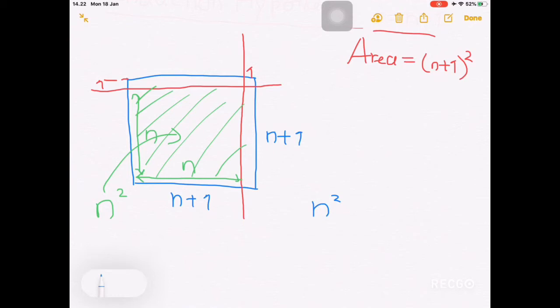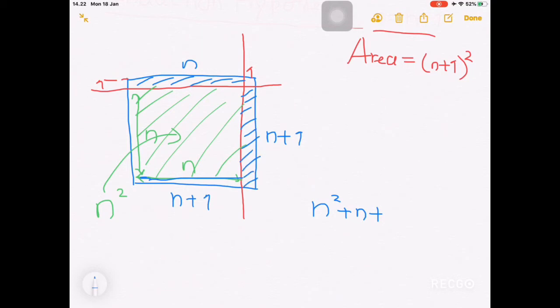And next, to make this a square, we need to calculate these areas right here. First I'm going to do this one. Since we know this side is n, and the width is 1, this is a rectangle of length n and width 1, and therefore the area is n. So we add n right there. Let's do the same right here.